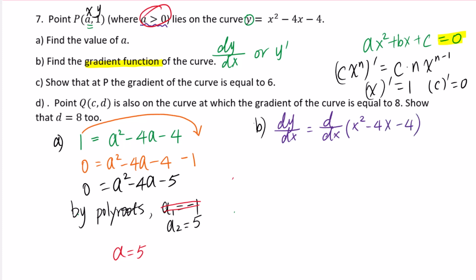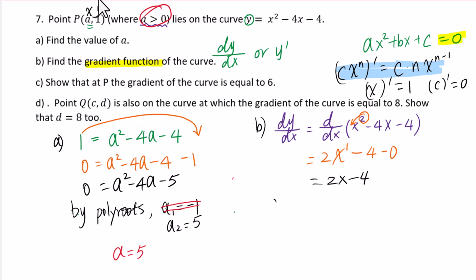We will use the power rule: drop down the exponent, make the exponent minus 1. For x prime equals 1, constant prime equals 0. 2 drops down, 2 minus 1 is 1, minus 4 times x prime, which equals 1. Then 4 prime equals 0. Then we organize: 2x minus 4.